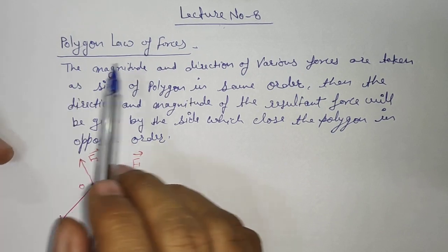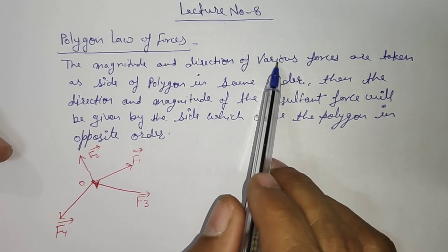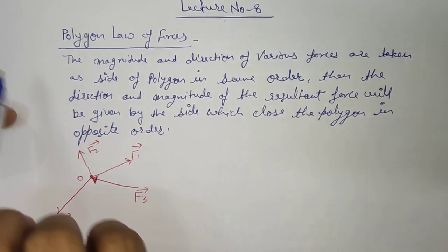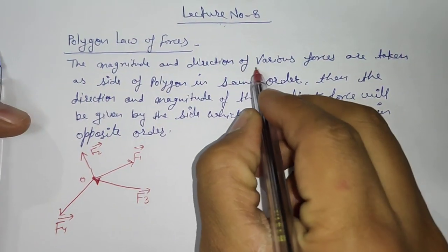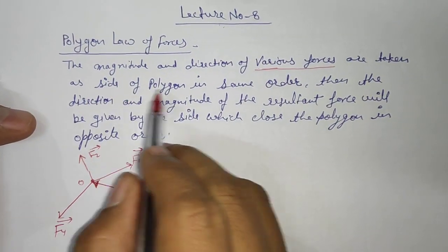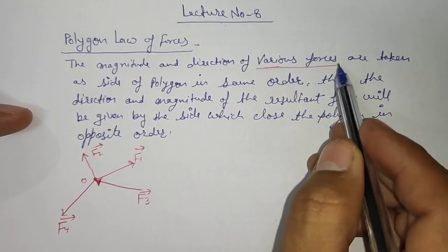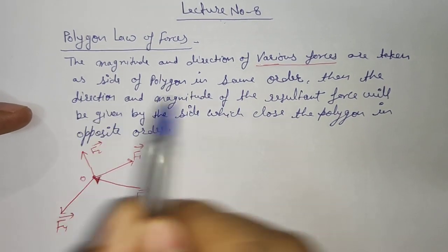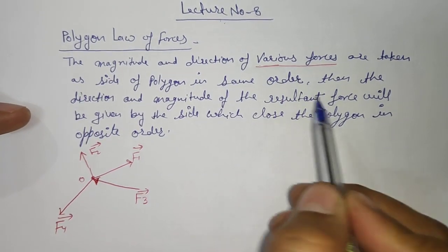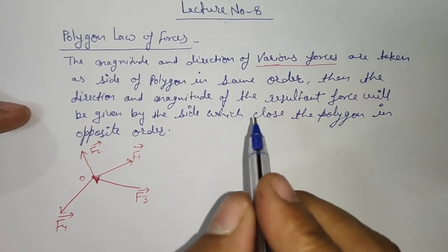So let's go. According to this law, the magnitude and direction of various forces are taken as sides of a polygon in the same order. हमको polygon बनाना पड़ेगा और उसके सारे forces को हमको same order में लेना होगा.